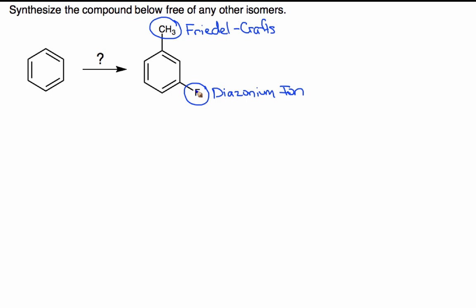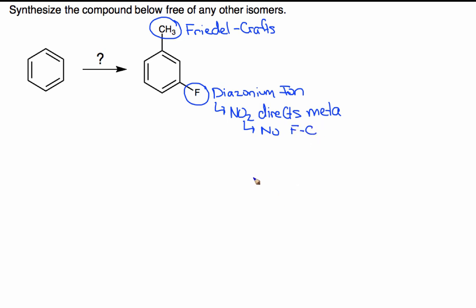So you might think, well, I could put a nitro group here, because nitros do direct meta. The problem is nitro is too deactivating on the ring to do the Friedel-Crafts reaction.